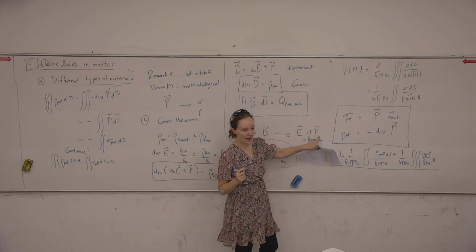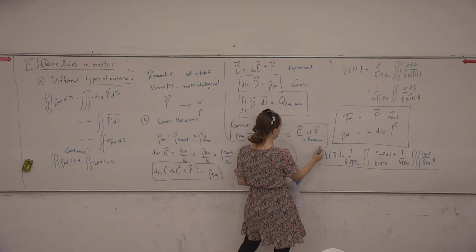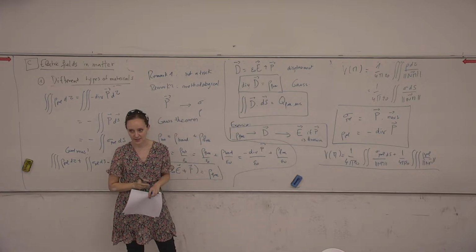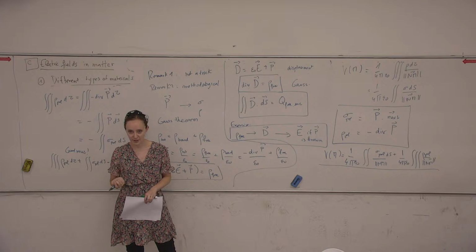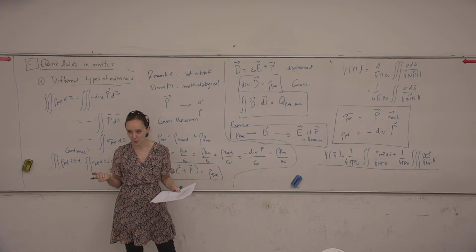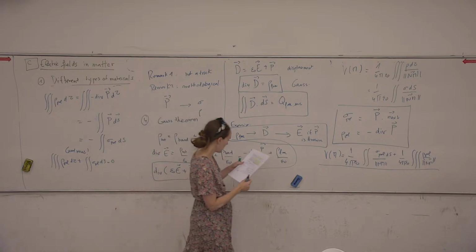The rho bounds are hiding here in P. This is the key of the method of many exercises in electrics. You're given P, you're given rho free, so you can calculate D from the Gauss theorem, and because you know P, you can deduce E. This is super important.